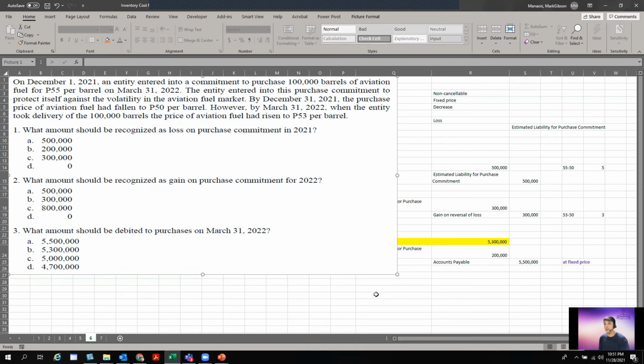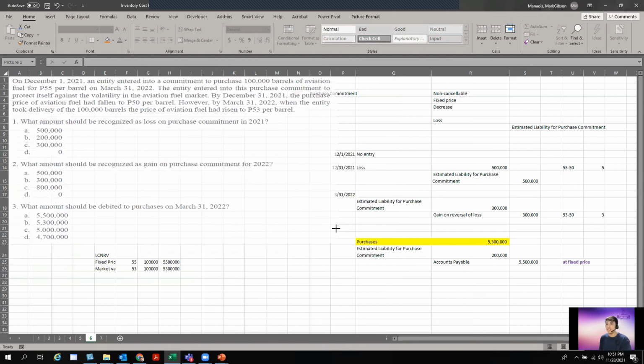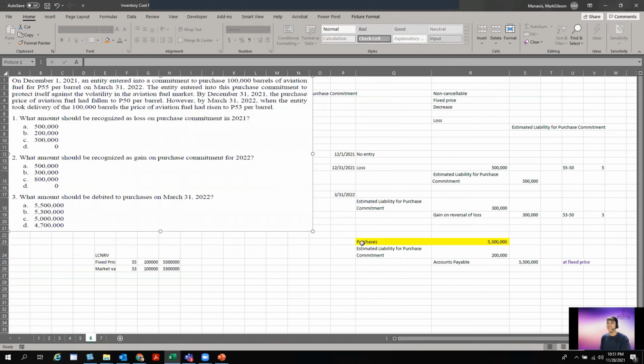So, kung nasundan yung istorya, may parang storytelling, we enter into a purchase commitment to buy 100,000 barrels at 55 pesos per barrel. Ngayon, at year-end, syempre we have to finalize our financial statement. Magkano daw yung presyo sa market? That's naging 50 pesos per barrel.